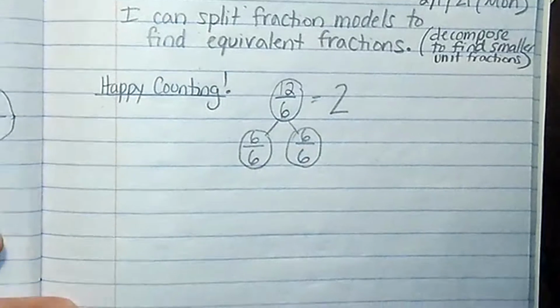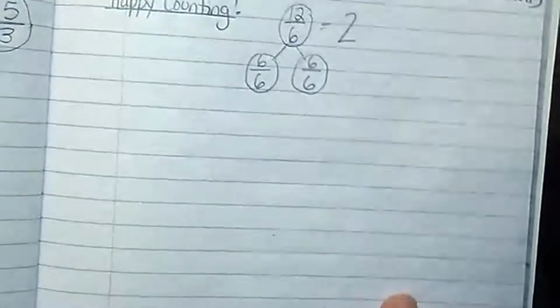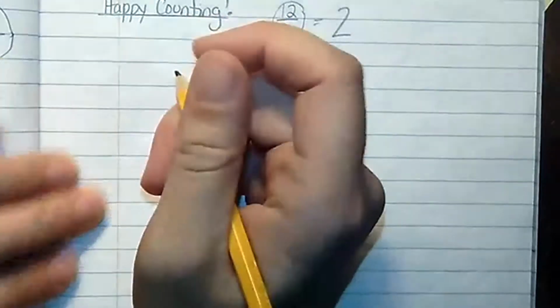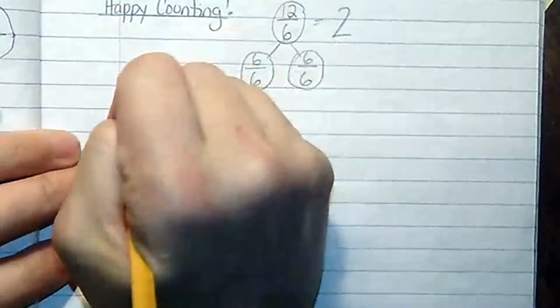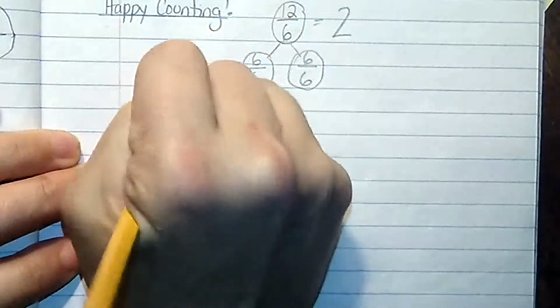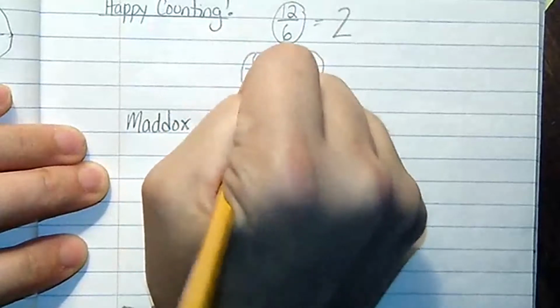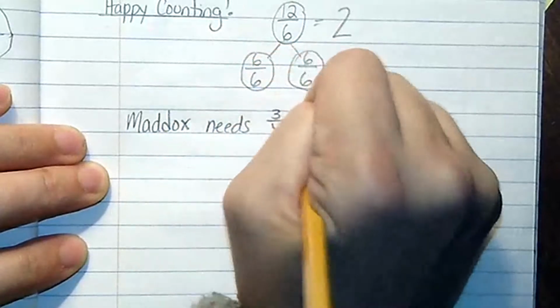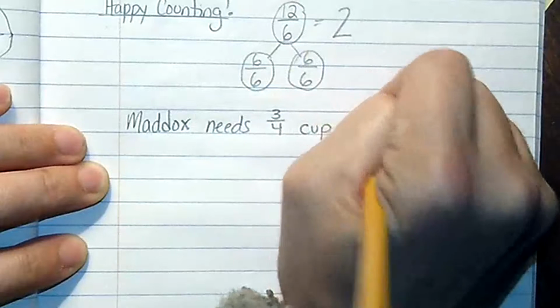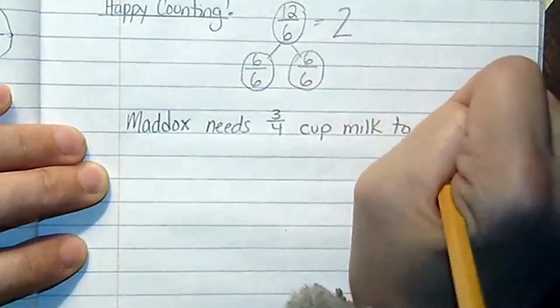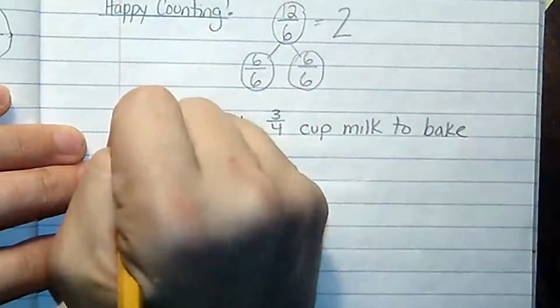All right, let's try a practice problem before we get to your application problem, okay? So I do want you to write this one down. Maddox needs 3/4 a cup of milk to bake brownies.